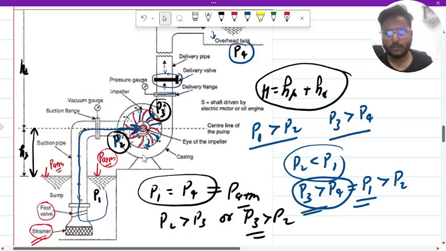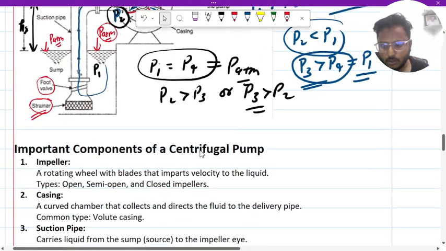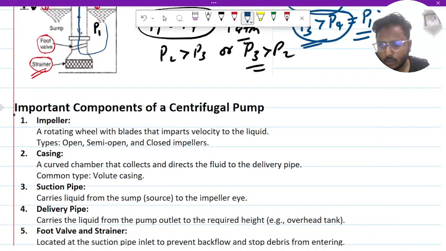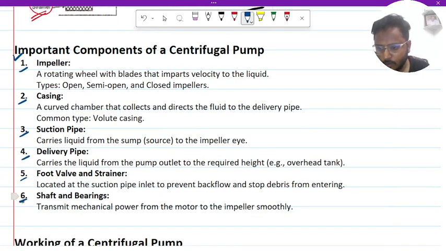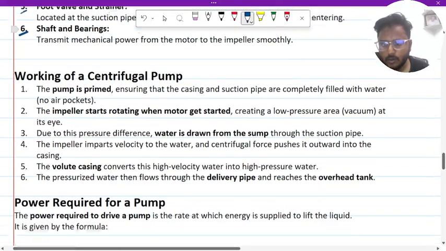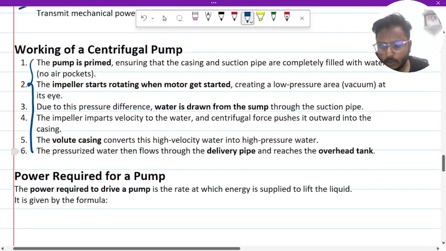To protect the impeller from the environment. The important components are mentioned here, and you can understand all their functions from these points. The working we have already understood from the diagram, and we can write it one by one.